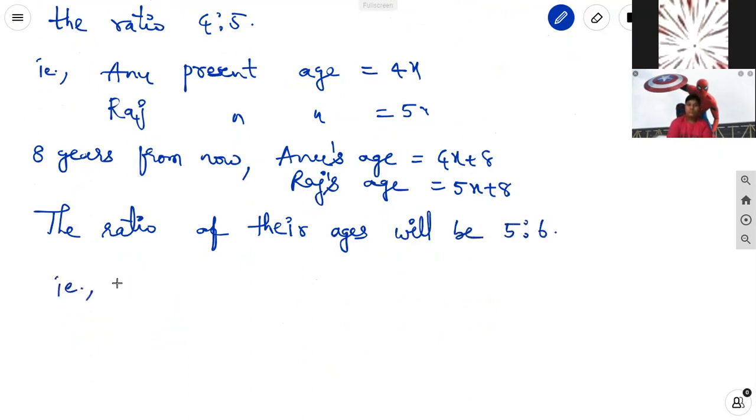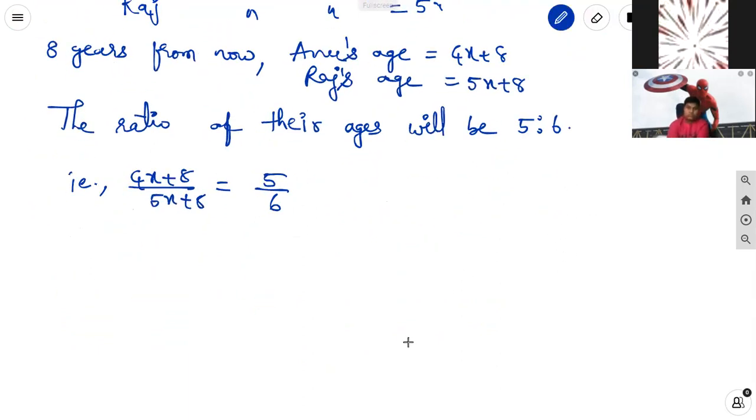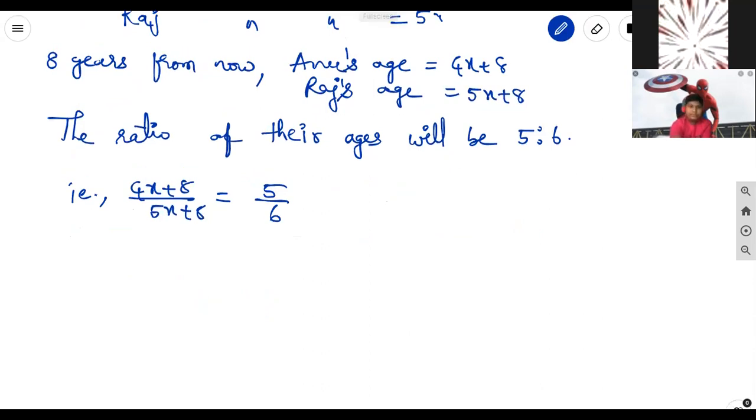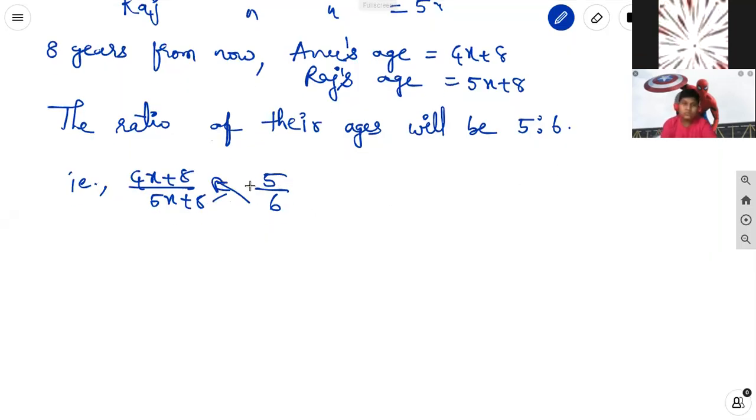That is nothing but (4x + 8)/(5x + 8) = 5/6. After the cross multiplication, we are taking 6 into (4x + 8) equals 5 into (5x + 8).